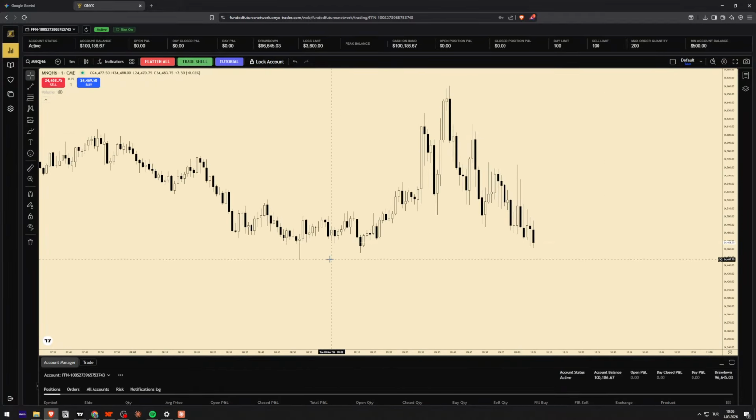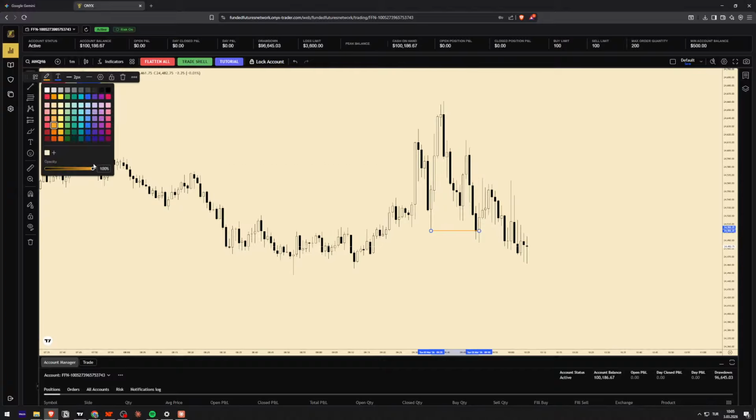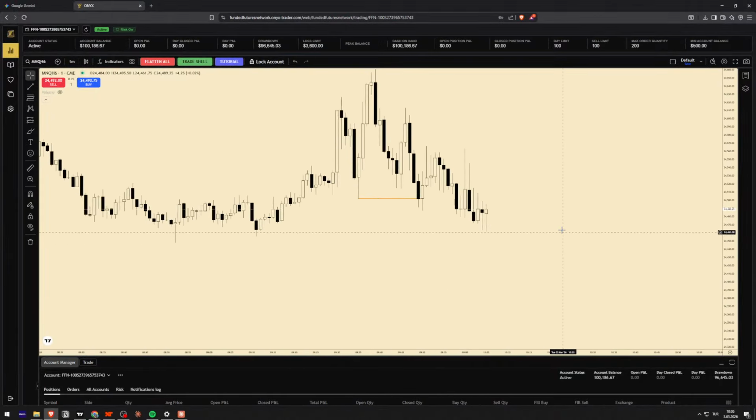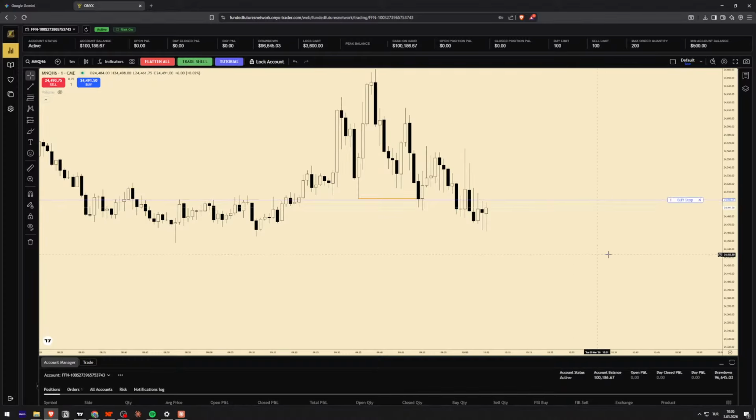If price takes this low, this SPS idea over here is going to be invalidated. Just let me create a color for this one. Take my setup first. Buy stop 1.